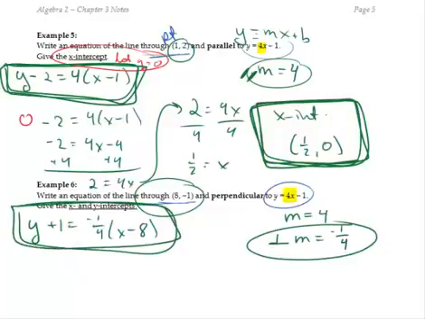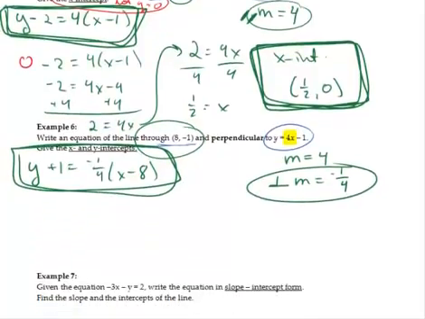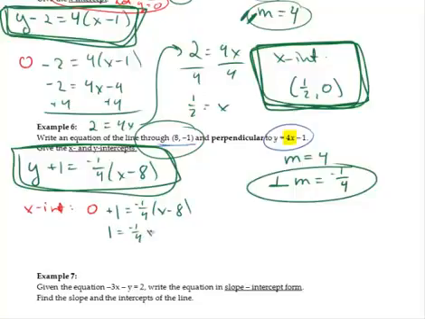That's the equation. Now, this time it asks us to go a little further and give the x and the y-intercepts. So for this one here, an x-intercept again is where y equals 0. So 0 plus 1 equals negative 1/4 (x minus 8). So 1 equals negative 1/4 x plus 2. Subtract 2 from both sides.